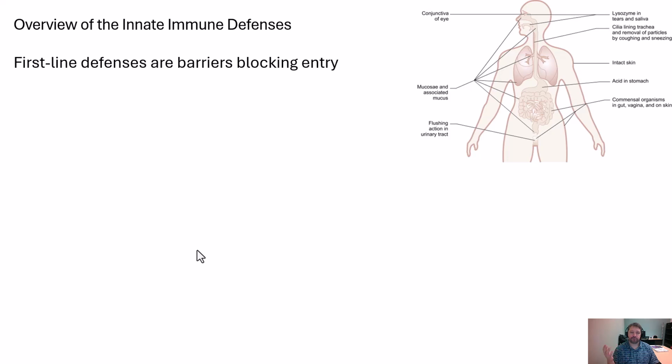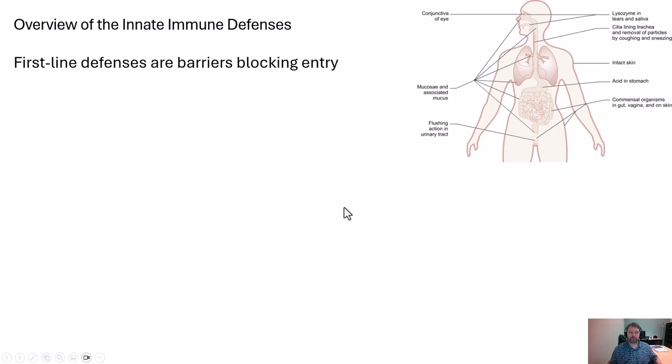Pretty much every orifice is going to have some kind of mucus layer, which is often combined with the chemical barrier, which you could call a second line of defense, or a first line of defense from a different perspective. All of these things have the ability to block entry.